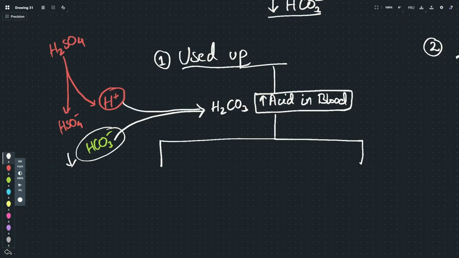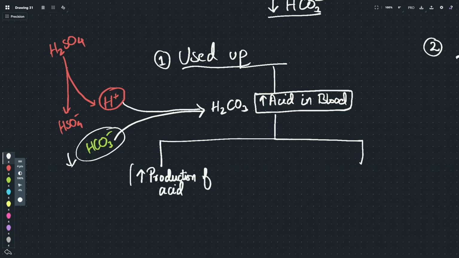We are all the time producing different chemicals, and all the time we are producing acids as well. So there could be a possibility that there is increased production of acid in our body.